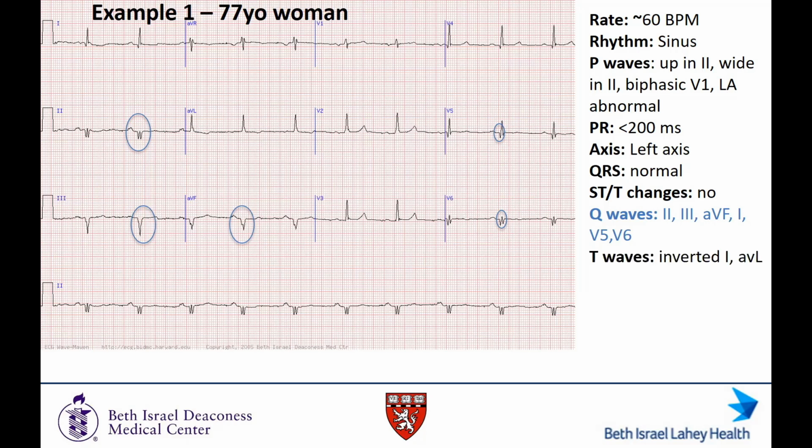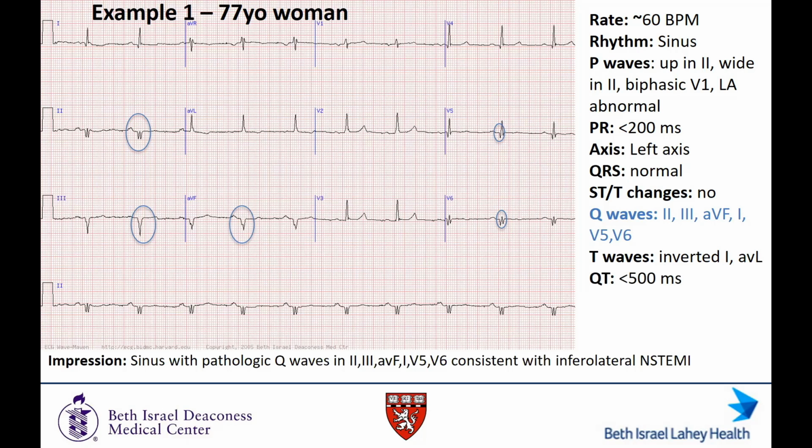We see inverted T waves in 1, although they can be pretty subtle, and aVL right here. So our impression here is sinus rhythm with pathologic Q waves in our inferior and lateral leads, consistent with an inferolateral STEMI, which is what was found.